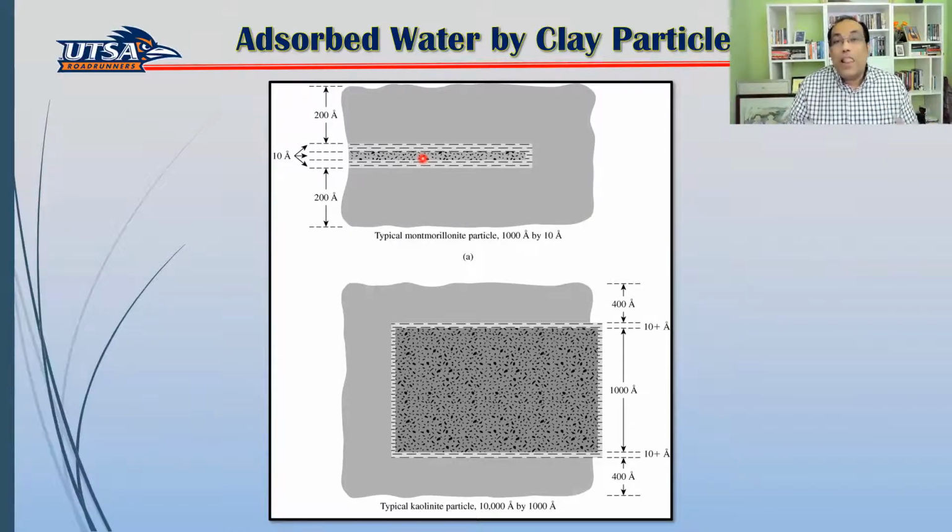So there is a lot of water they can hold. On the other hand, this one is a kaolinite particle. Their surface charge is much lower than montmorillonite clay, so they can absorb only some water. This is the particle itself, and they can absorb some water here.